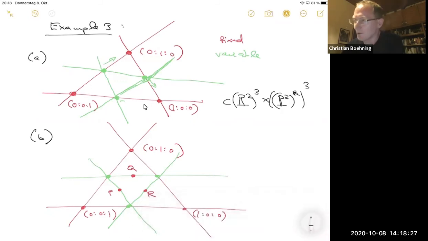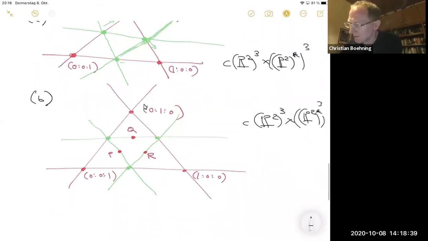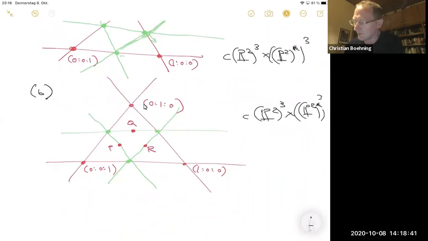Yes, and so then I get again an incidence scheme in, of course, P2 cubed times P2 dual cubed, and this is what I want to call a PQR scheme, just for the purpose of this talk.